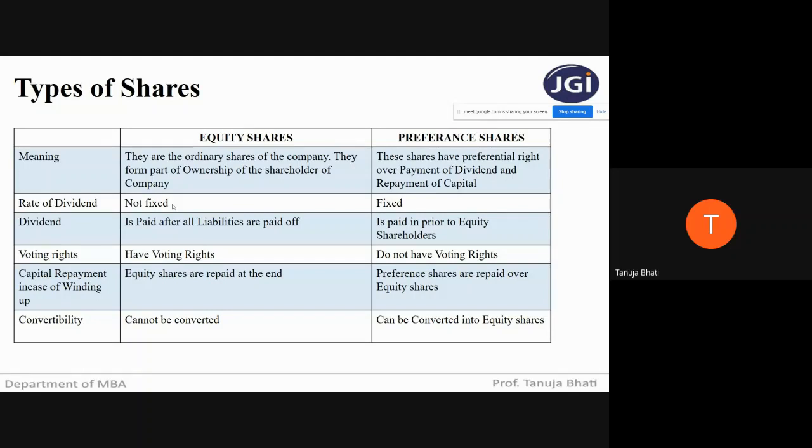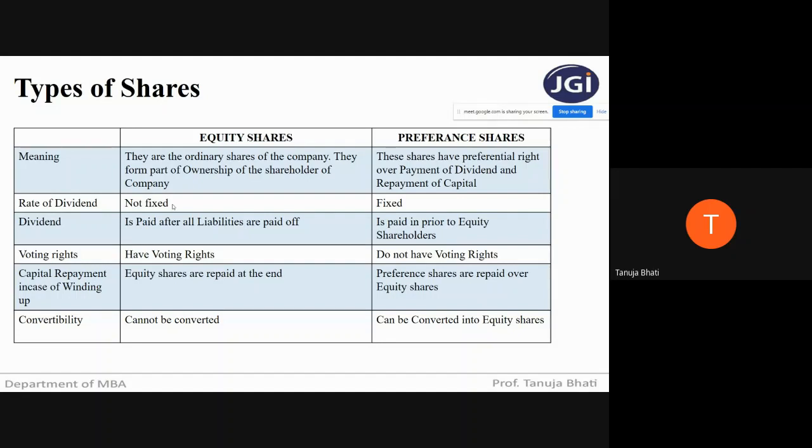But in case of preference shares, when the company wants finance and issues preference shares to the public, whoever subscribes for those shares becomes a preference shareholder. When they issue the preference shares, the rate of dividend is fixed. They say that the preference shareholders will get a dividend of 10%, no matter what the amount of profit earned by the company.